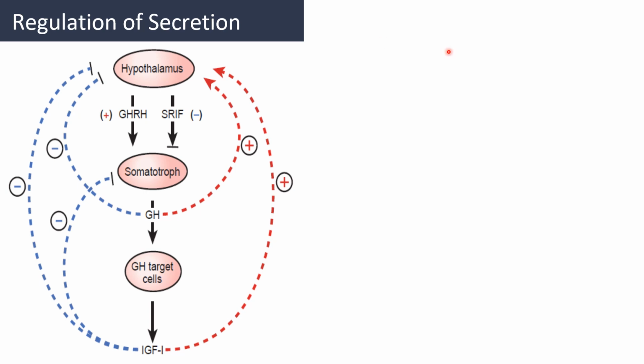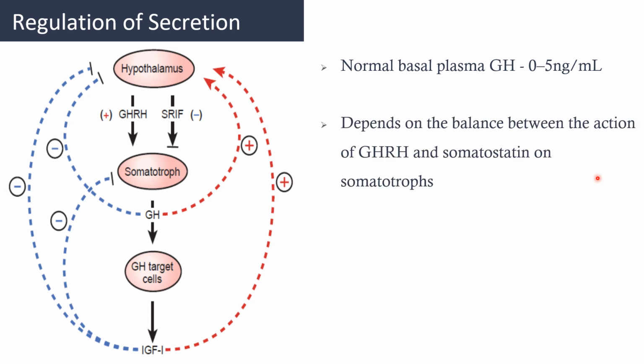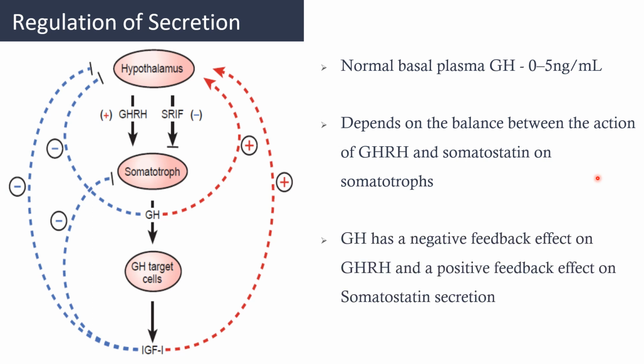Regulation of growth hormone secretion. The normal basal plasma growth hormone concentration ranges from 0 to 5 nanograms per milliliter in adults. The rate of growth hormone secretion primarily depends on the balance between the action of GHRH and somatostatin on the somatotrophs of the anterior pituitary.